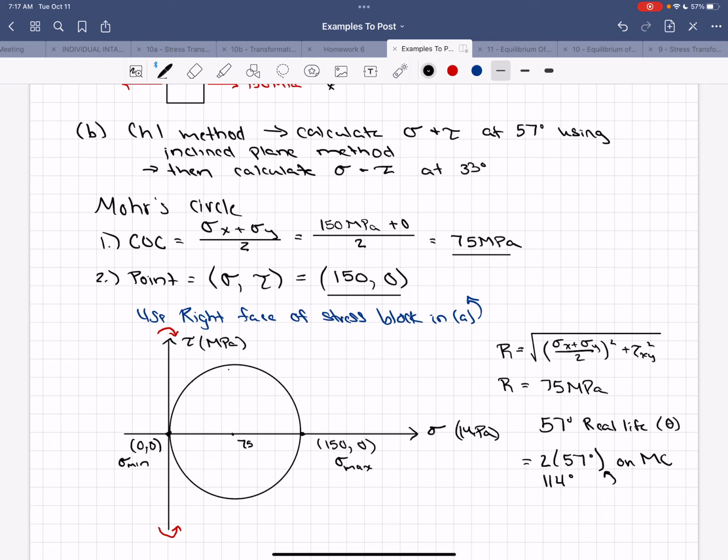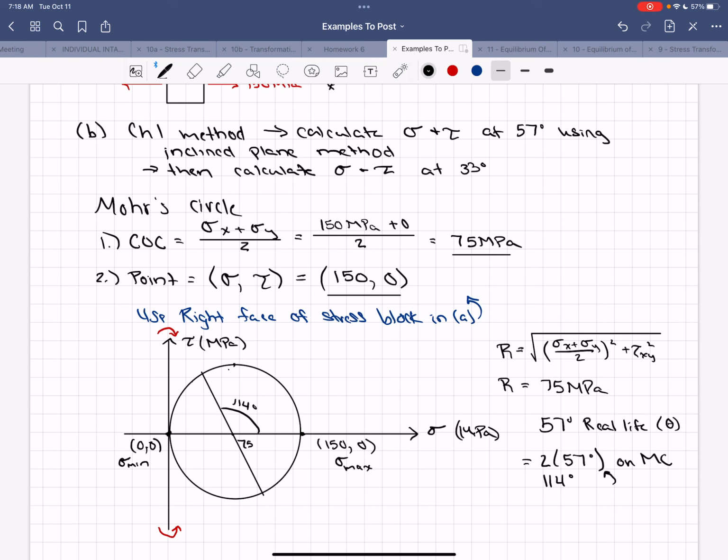So we have a line, 57, so 45 degrees would be here. 57 degrees is maybe something, or 105 degrees, sorry. So this is 90 degrees. And we'll say that this is about 114 degrees.